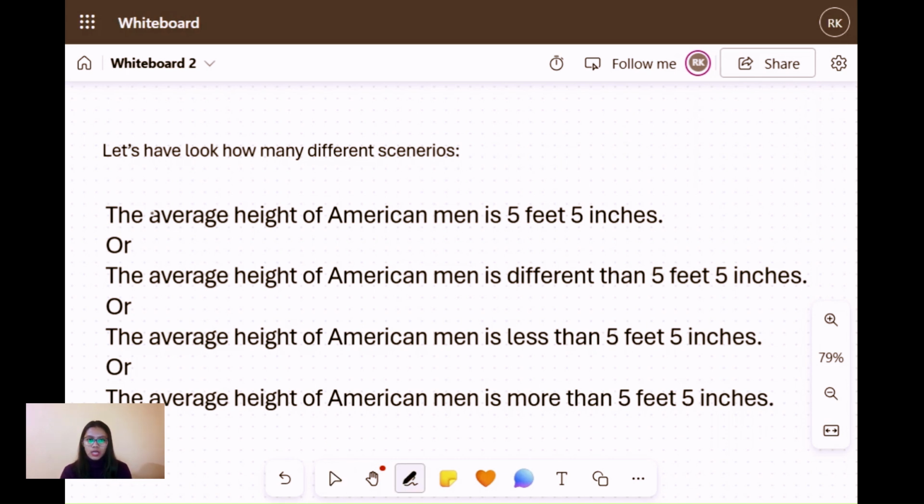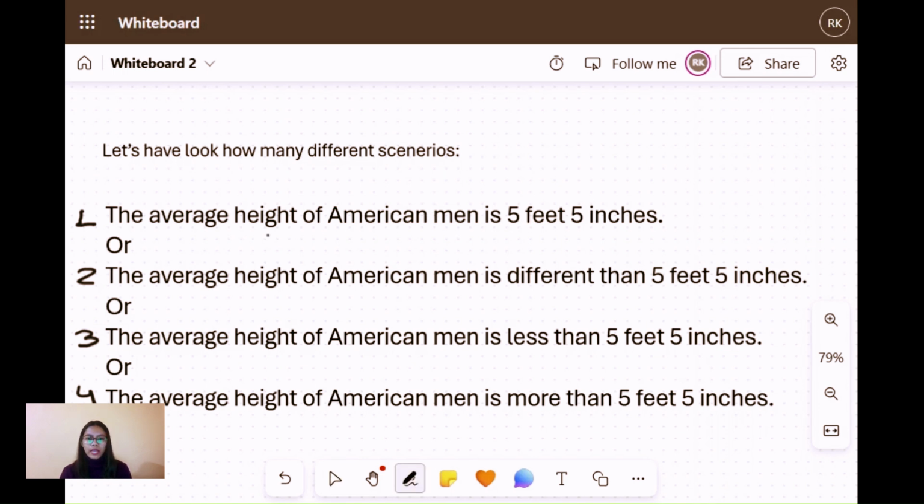Four scenarios. What are they? One, two, three and four. These four scenarios you will come across, and based on them you can frame the question. We will discuss them one by one.